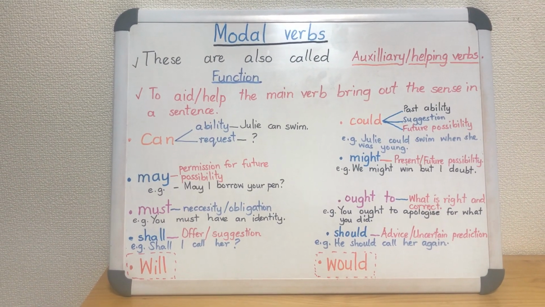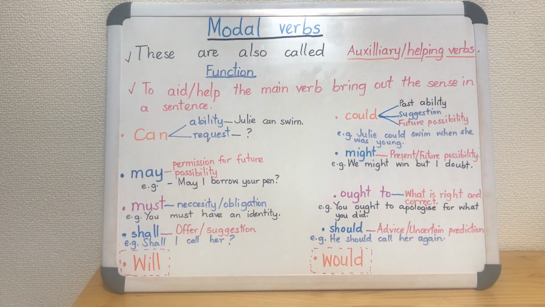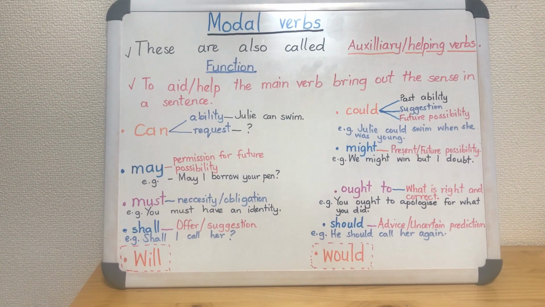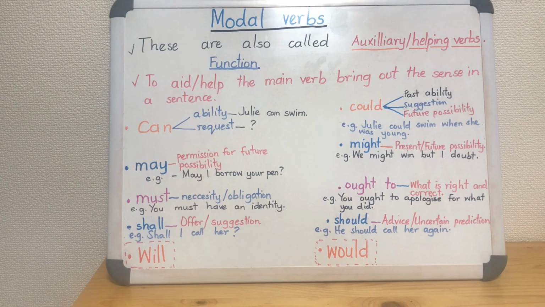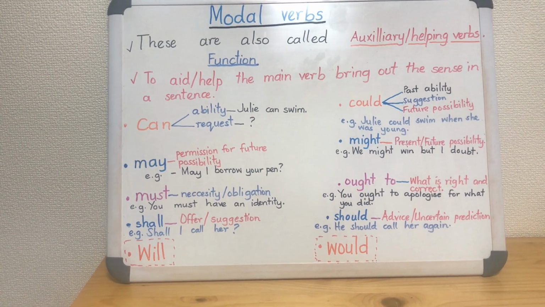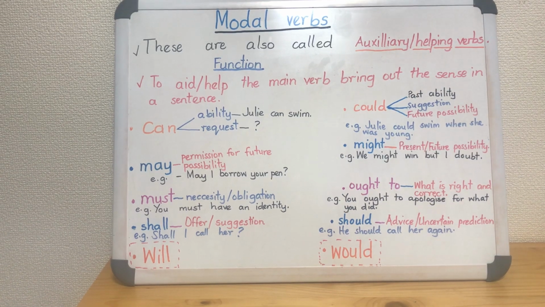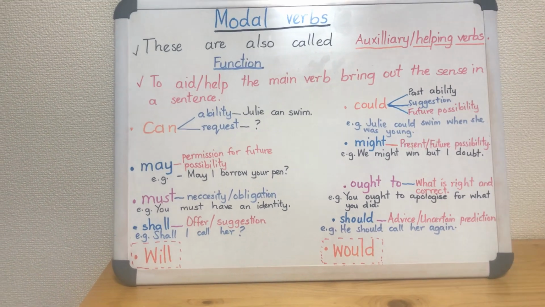Then we have should. Should is advice or uncertain prediction. The example I gave is, he should call again. Is it advice or uncertain prediction? Where does it fall?